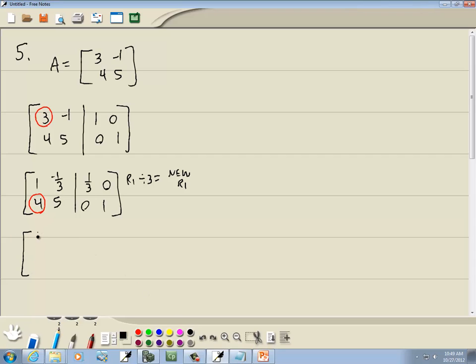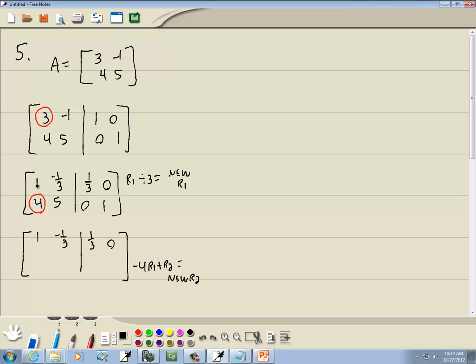So you ask yourself, what do you multiply times a 1 that then added to the 4 will give you a 0 here? Well, if I multiply this by negative 4, negative 4 times 1 is negative 4 plus 4 is 0. So we're going to take negative 4 times row 1 and add it to row 2 to get our new row 2.